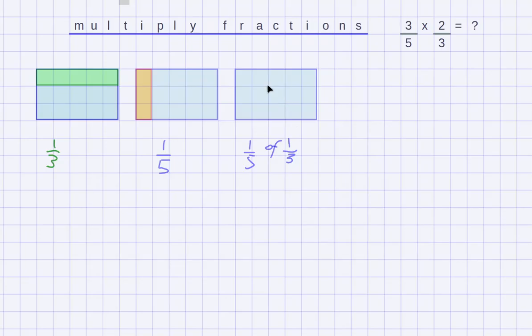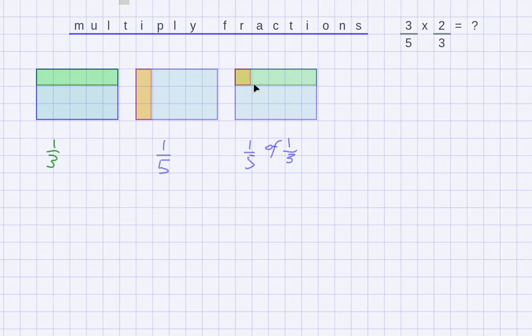So basically we take 1/3 first, and then we take 1/5 of that. So here's the 1/3, and then we want to take 1/5 of that. So 1, 2, 3, 4, 5 would be one of these squares. So 1/5 of that 1/3 is that bit there.